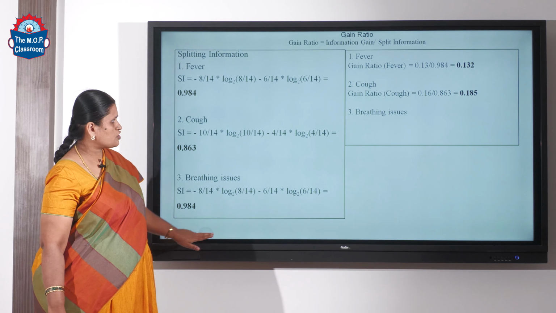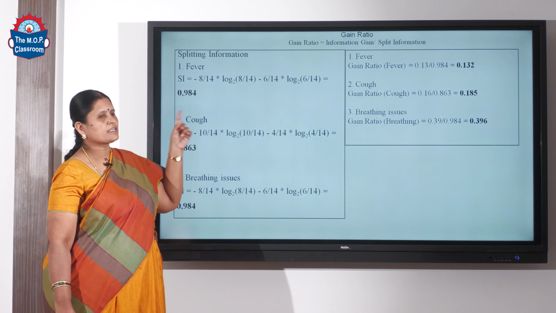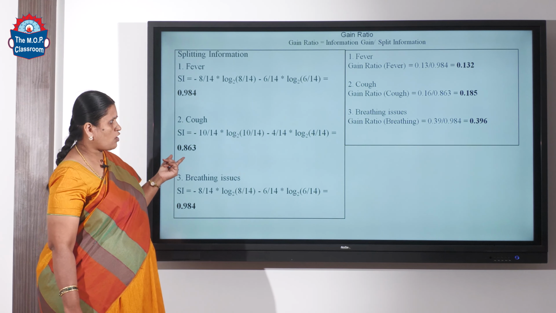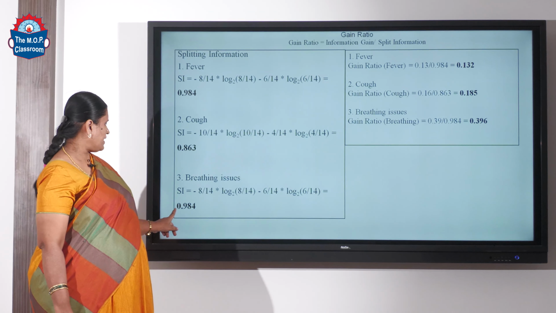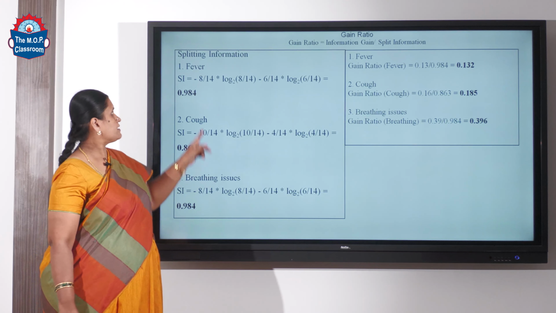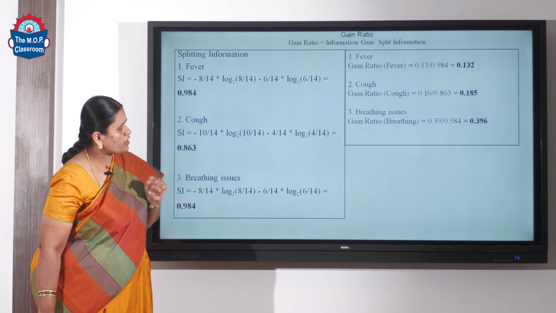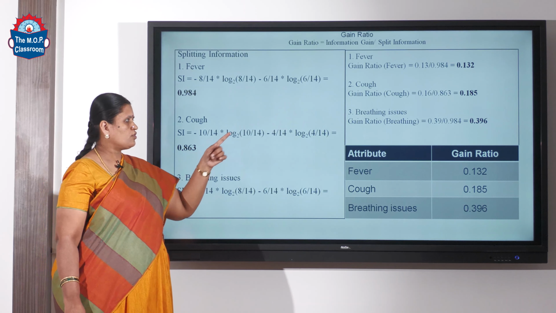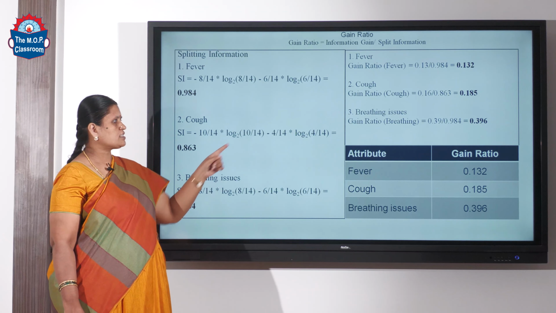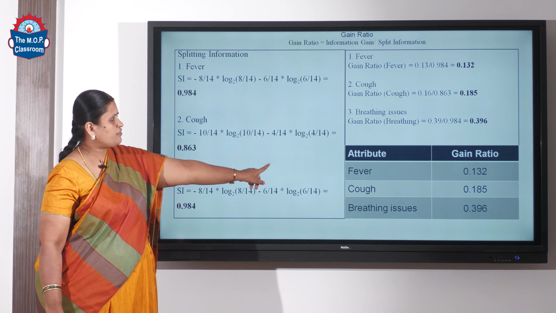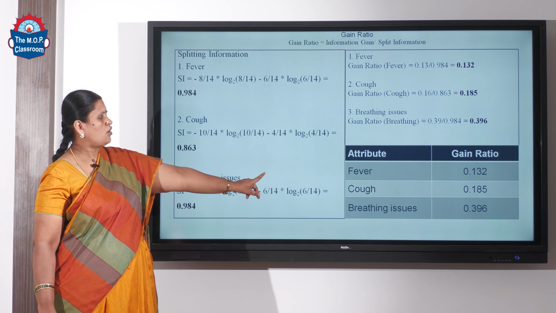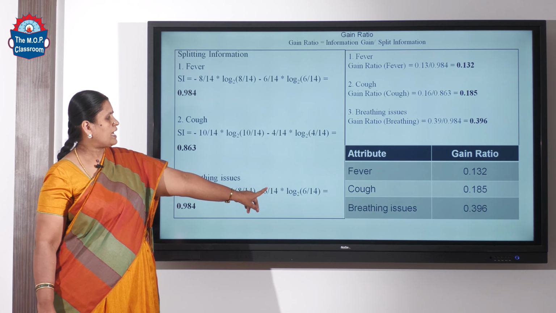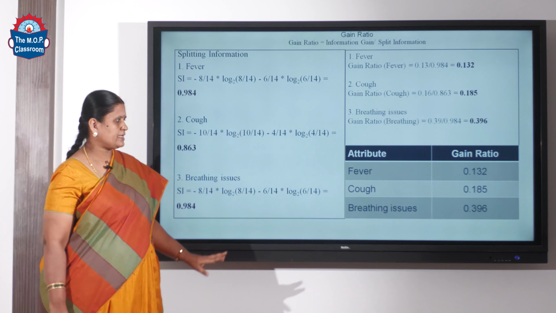Next one is breathing issues. So the gain ratio is 0.39, which we already found. Now we got the value of 0.984 as the splitting information. So we got 0.396. So the total consolidation of the attribute measures according to gain ratio is fever 0.132, cough 0.185, and breathing issues 0.396.